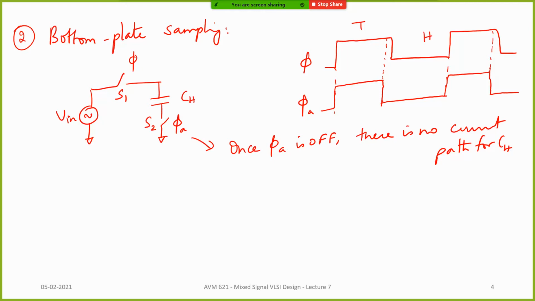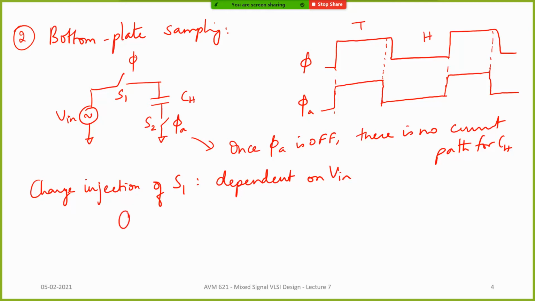But the advantage here is the charge injection of S1 is dependent on Vn. In yesterday's class, I wrote an approximate equation saying that the charge in the channel is going to be proportional to what? QCH is approximately WLC of (VGS minus VTH), or in other words, here it is going to be Vn minus VTH, right?